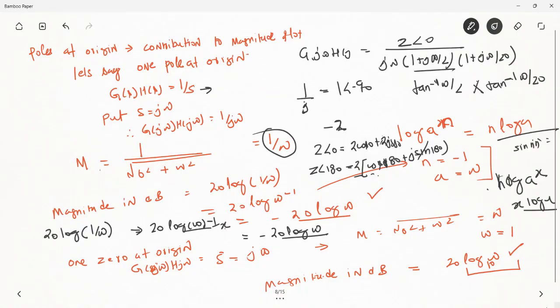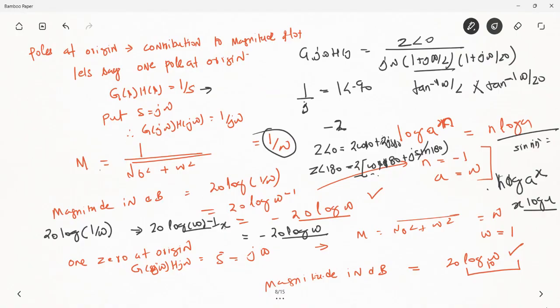And if I put the value of omega as 0.1, the starting value, right? So minus 20 log 0.1, if you just calculate on my calculator, you'll get how much?